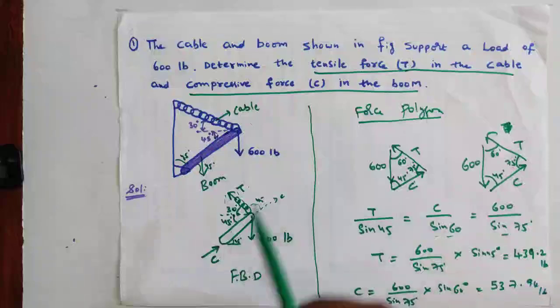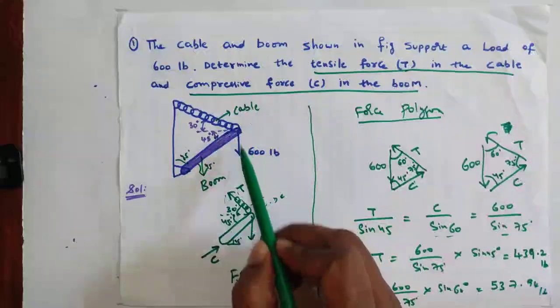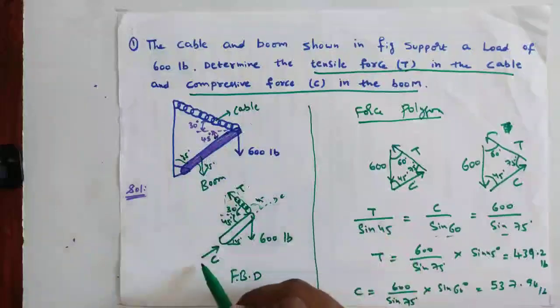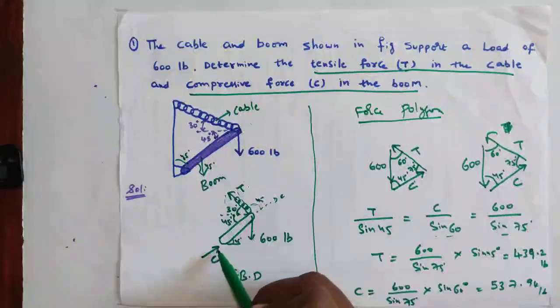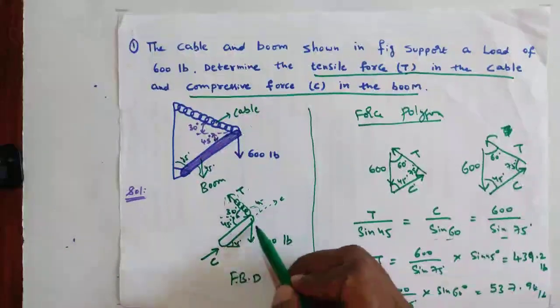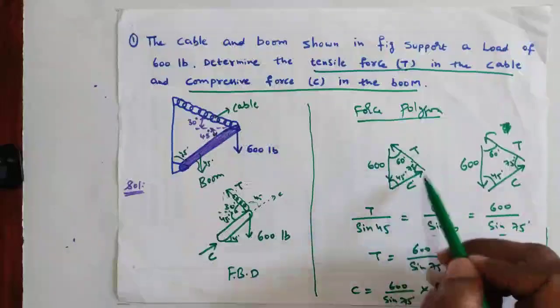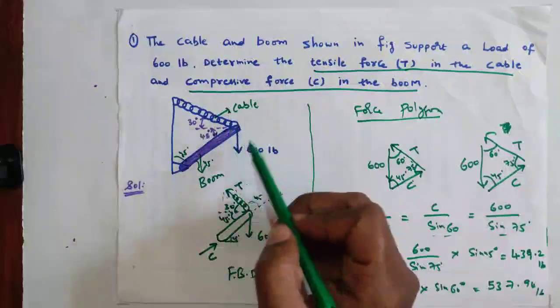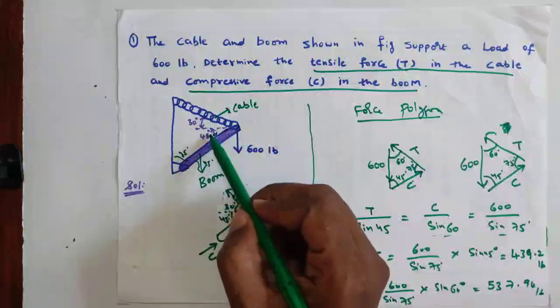In this force polygon only three forces are there. The 600 load is acting vertically down, the compressive force in the boom I have shown with C, and the tensile force in the cable I have shown with T. These three forces make a polygon, and the angle between the tensile force and the boom is 75 degrees.